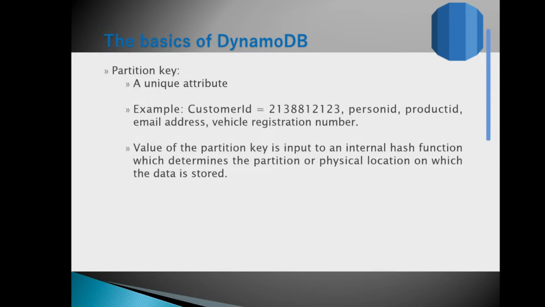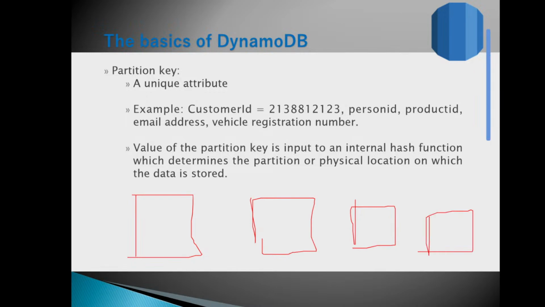Now, why is it called the partition key? In general, according to your partition key, your data will be stored in different location files. Let's say in DynamoDB behind the scenes, the data is stored in 4 files.